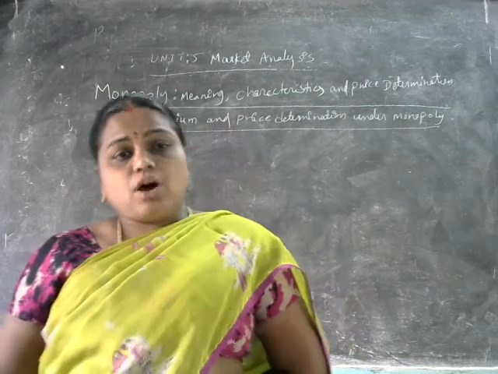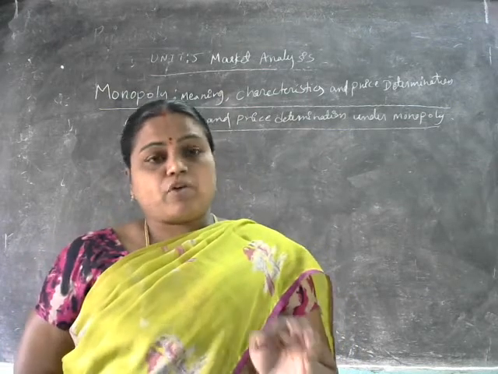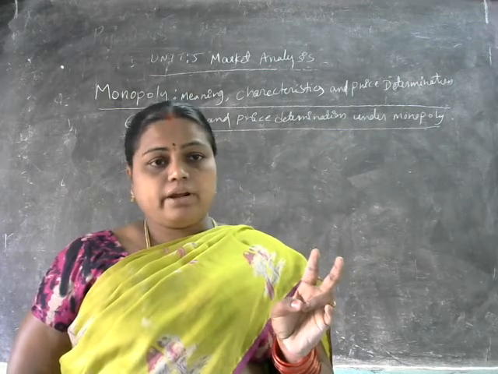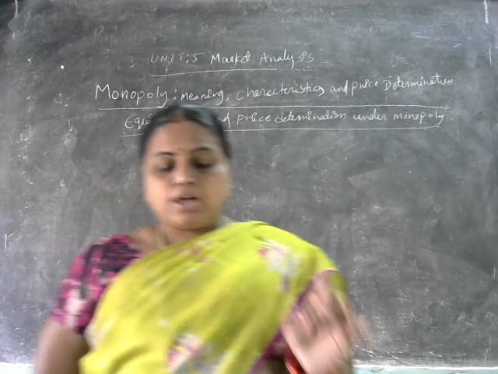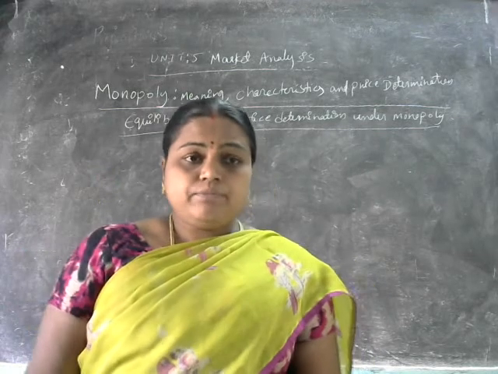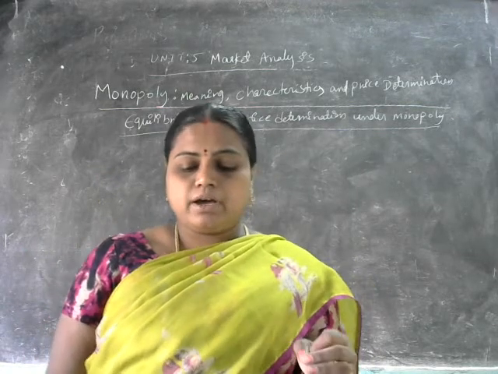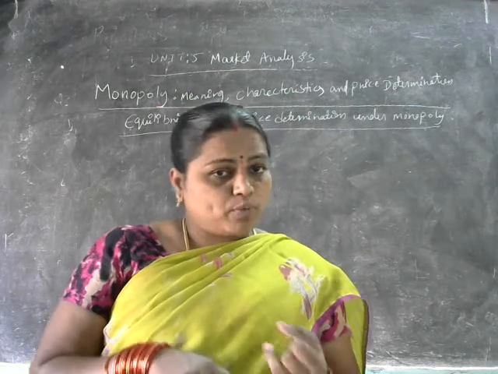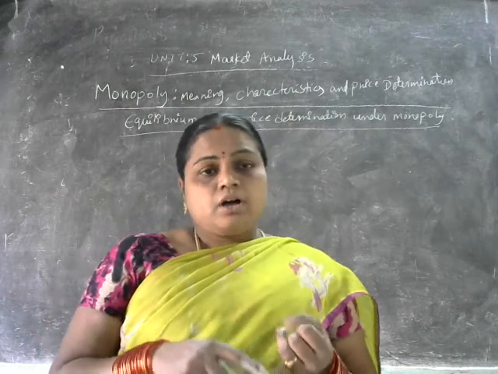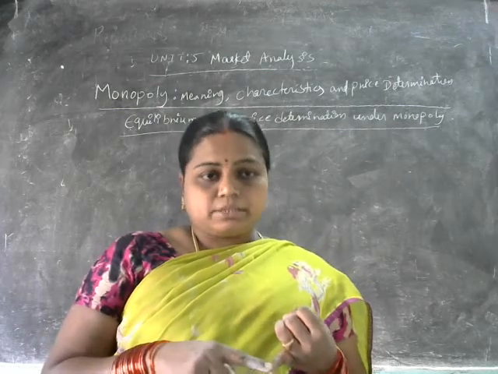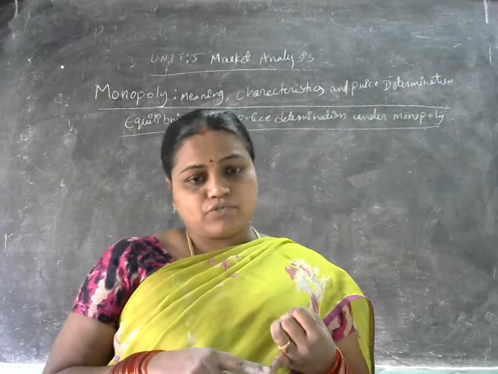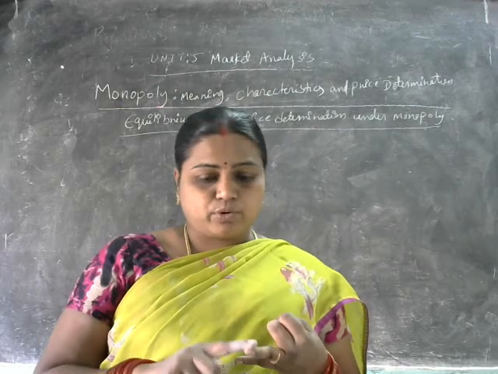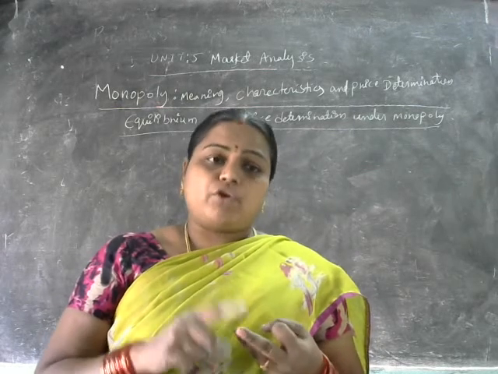So price, output, profits: price determination, output determination, and the profits under the monopoly are determined based on the forces of demand and supply of a good here. So under the monopoly market situation also, we are going to be determining the price, means we are going to be deciding the price of the product, and at what price, how much output we should produce, and how much profit we can earn.